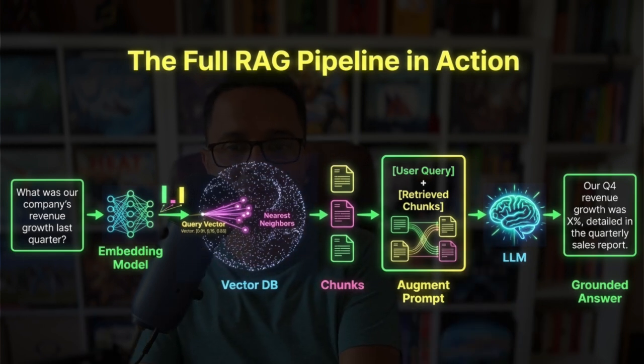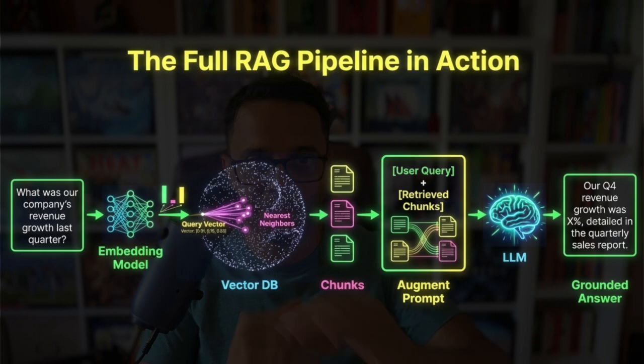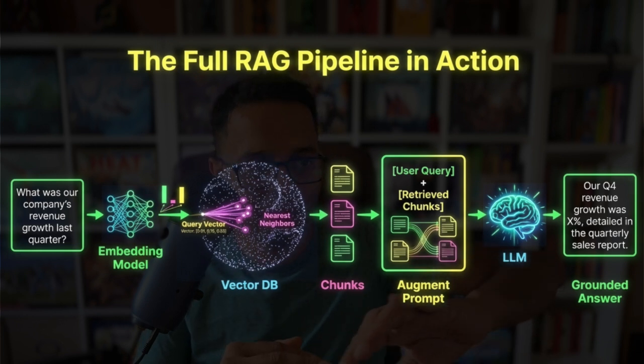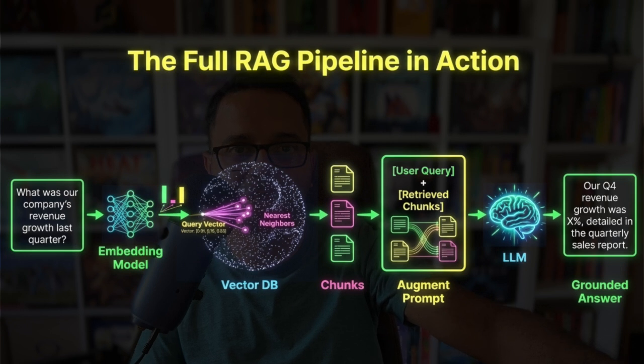Then the LLM tries to generate the relevant answer from that chunk, right? Which is more grounded, because the fact that it gets the chunks in the step in the middle, as you see, I can actually create my own citations around that, right? So I can say that I'm giving you this answer because of the data available in this space, or in this page of a PDF, right?